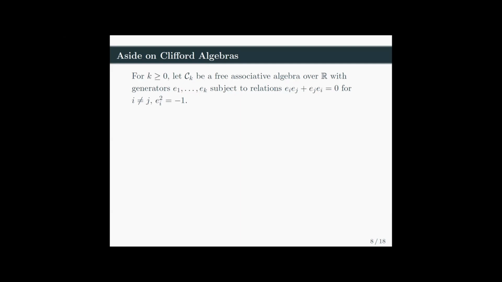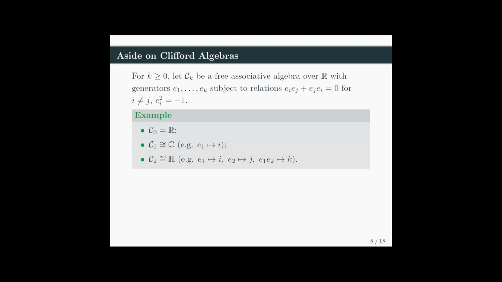Each generator squares to -1, and ei times ej has to equal minus ej times ei. So C0, you can see that it's just the reals. You can identify C1 with the complex numbers, and there's a non-canonical isomorphism of C2 with the quaternions. I've given an example identification there.